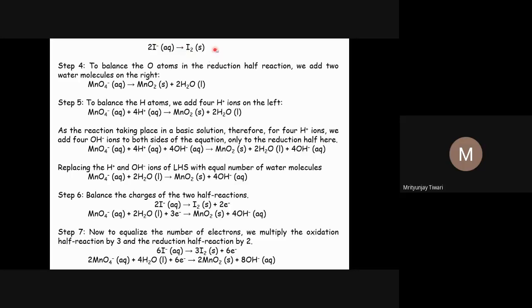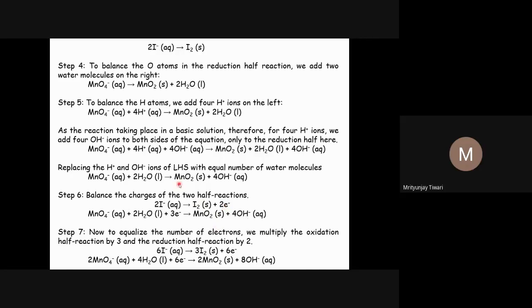So we add 2 electrons on the right hand side: 2I- gives I2 plus 2 electrons. The net charge on the right hand side is minus 2, and minus 2 net charge is there on the left hand side as well. So the first half is balanced in terms of net charge as well.